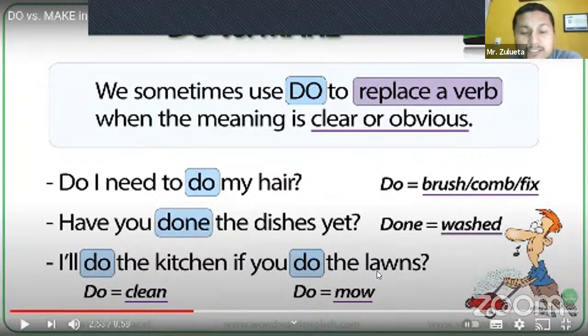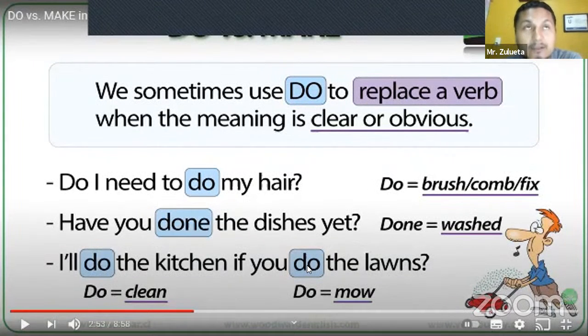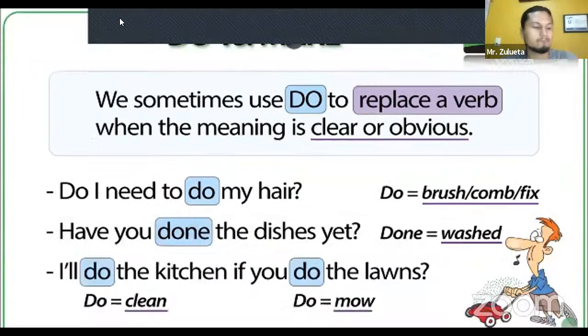The lawns is a synonym for the yard, the garden, okay, outside of the house, okay? And mow, it's somehow a synonym for to cut, okay? So to cut the grass, in the garden and so on, okay? So let's continue. Shows a picture of someone mowing the lawns.